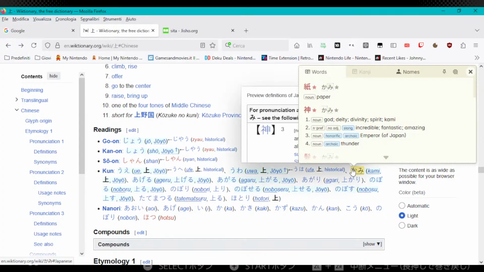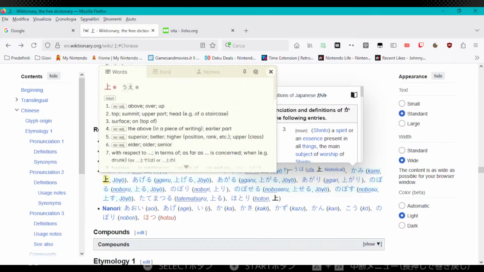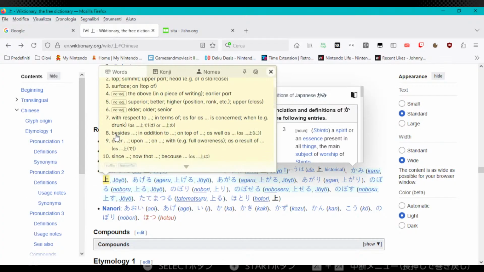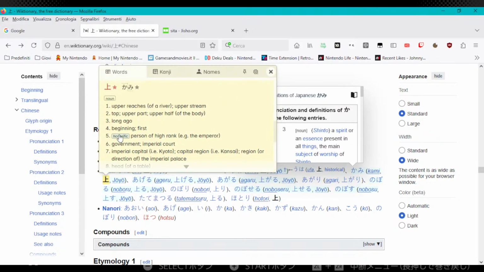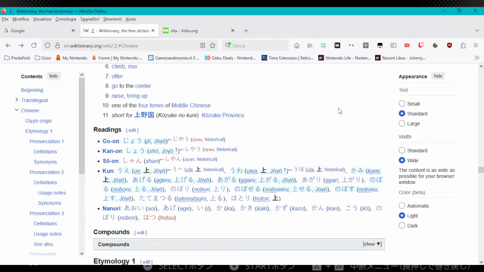Kami in some compounds. Let's see if we can see its accent, but it should be... No, actually, kami, accented on the first one, but more often than not, you find it in compounds, so then it changes.